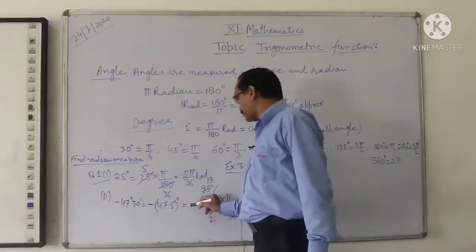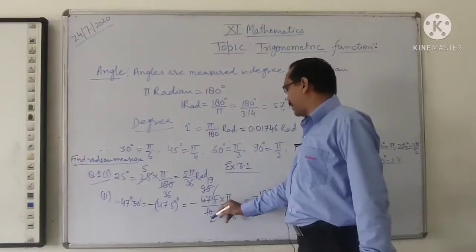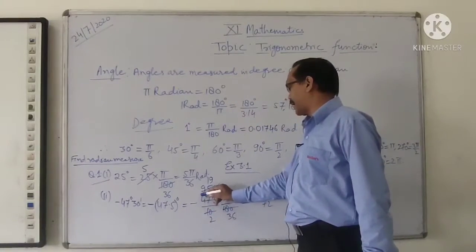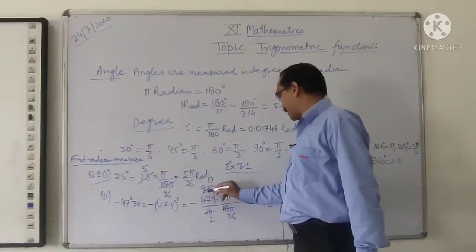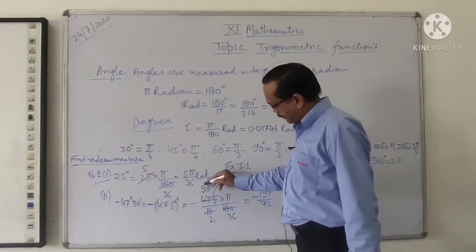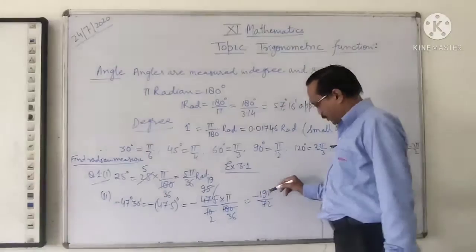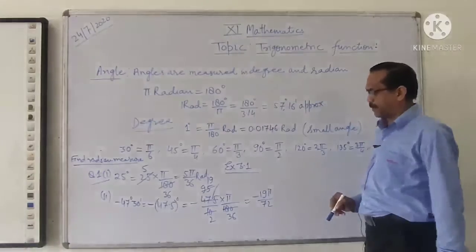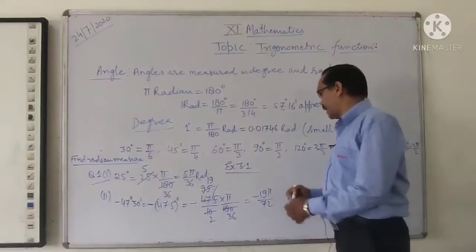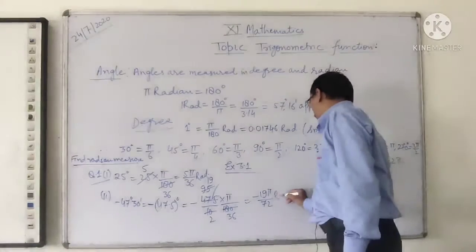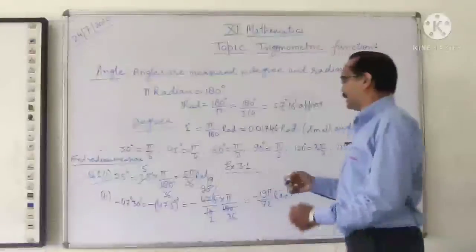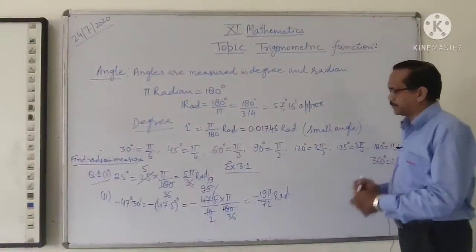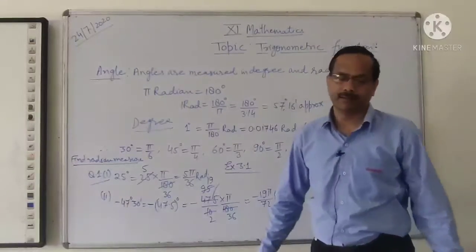Then this is cancelled by 5: 5 2s are 10, 5 9s are 45, 5 5s are 25. Then again by 5: 5 1s are 5, 5 9s are 45. So it is minus 19 pi upon 72 radian. So these are the angles given in degree and their answers are in terms of radian.